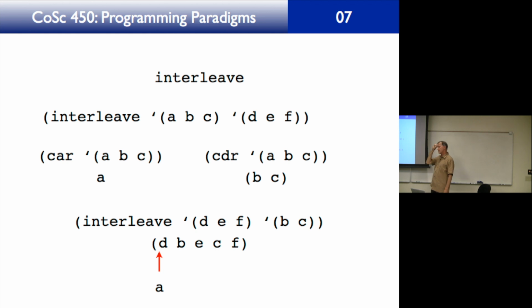So the base case is, you can't take the car and the cooter of the first list if the first list is what? Is empty, right. So that guard will make sure that there is a car and there is a cooter. But you see, this whole thing works even if DEF is empty. All right, so let's go back to our demo.